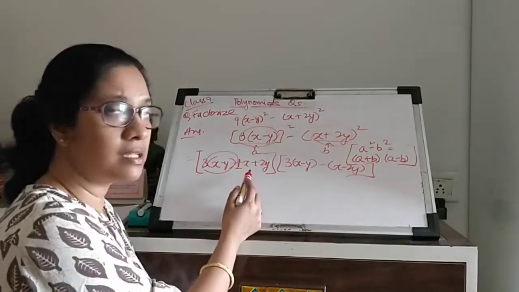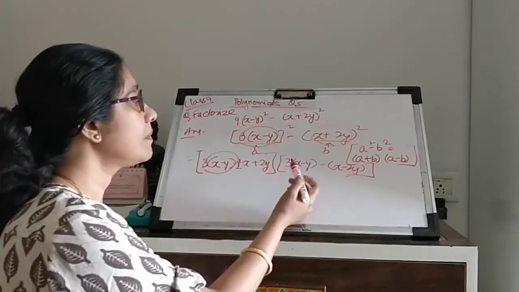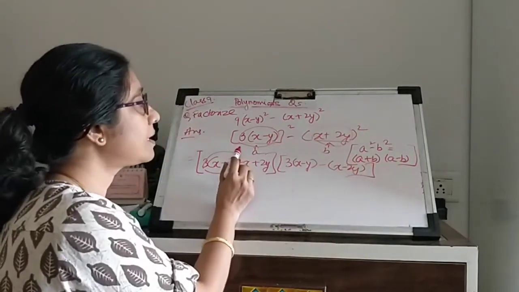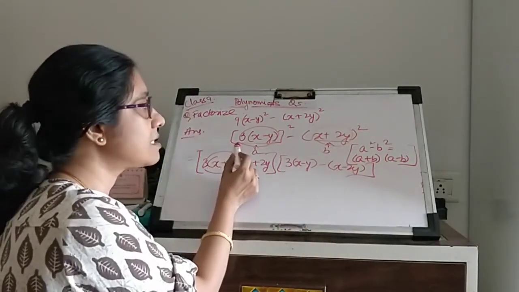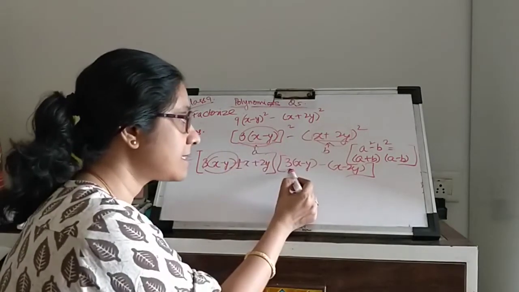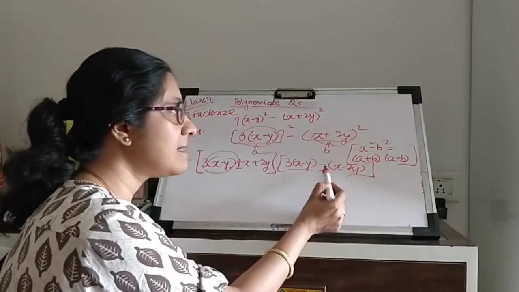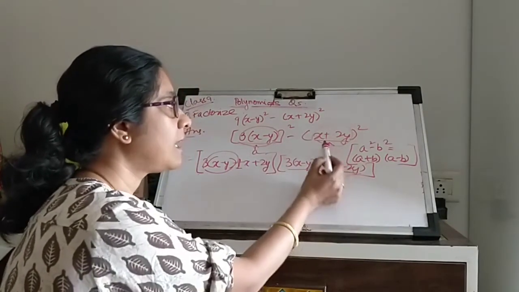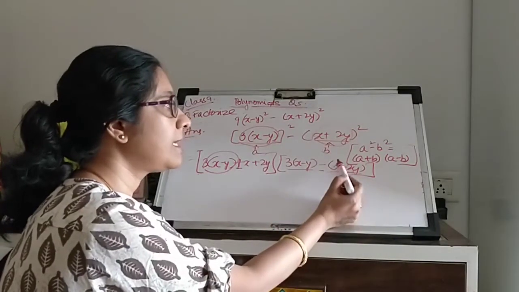So there is no point using a bracket here. In the next term I have to write a minus b. So what is a minus b? Again, a is this whole, 3x minus y, and then a minus, and now I have put b, this whole b, in a bracket.